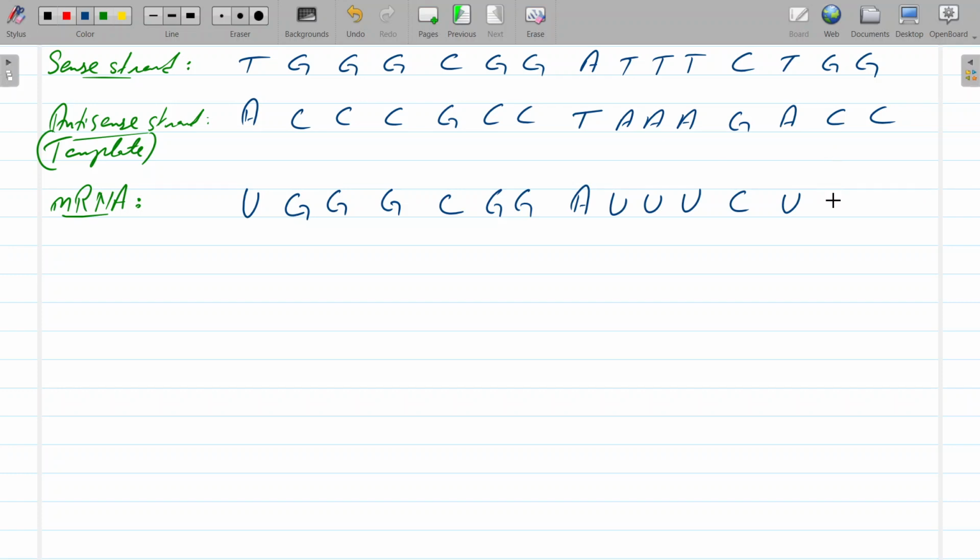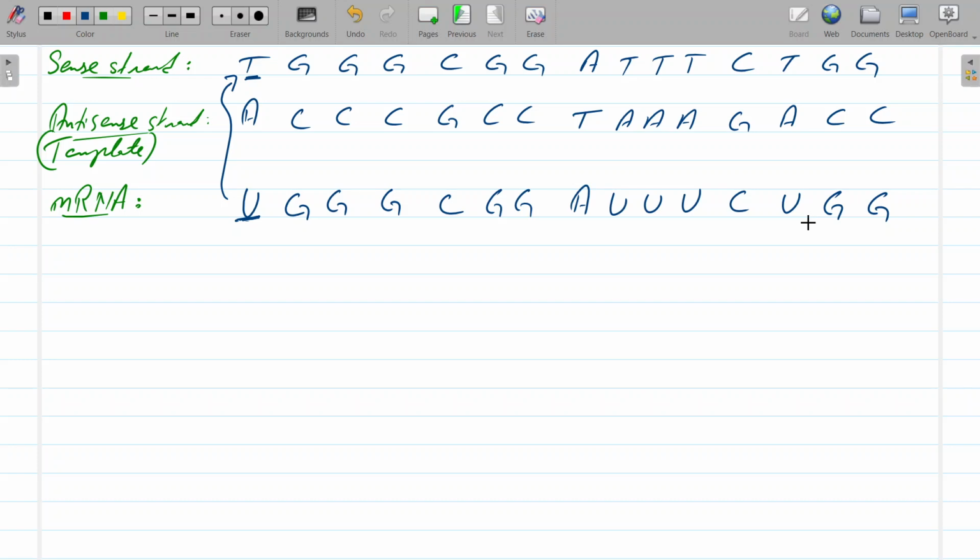Yeah, G, G. Now, if you just take a look at it, this code is exactly the same as this code, except for the difference of the thymine and the uracil, right? It's exactly the same. You've got all the guanines and the adenines and the cytosines in the same positions, right?